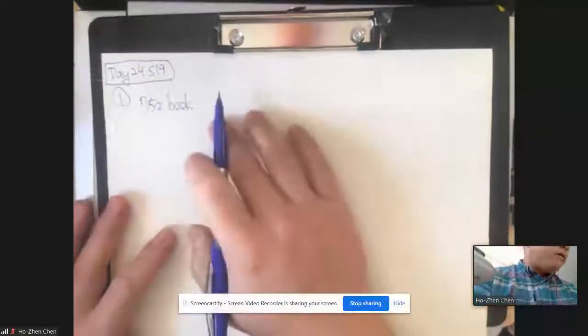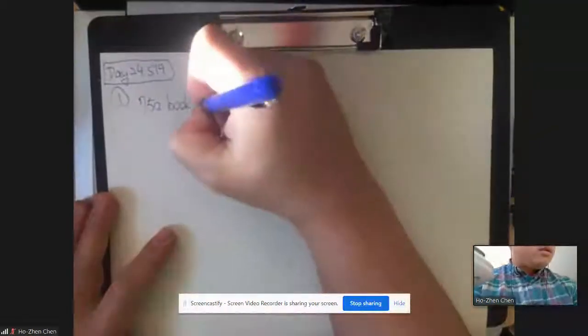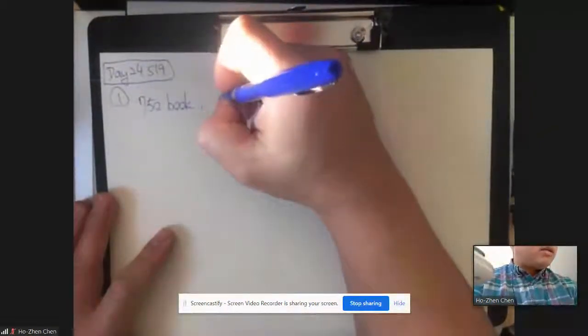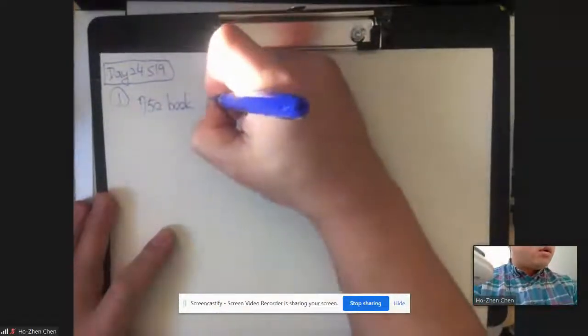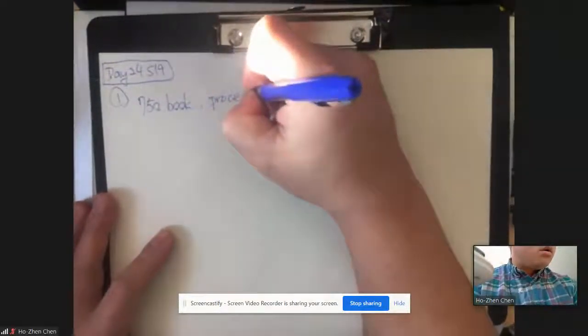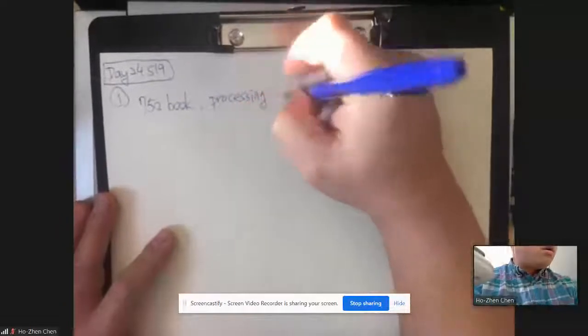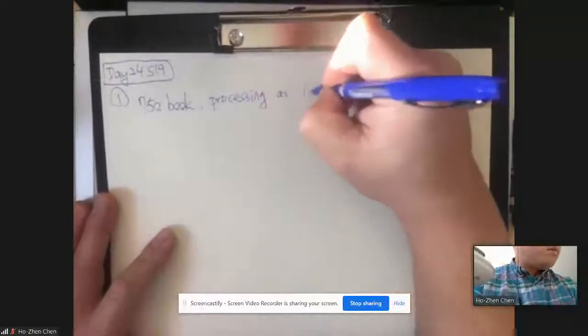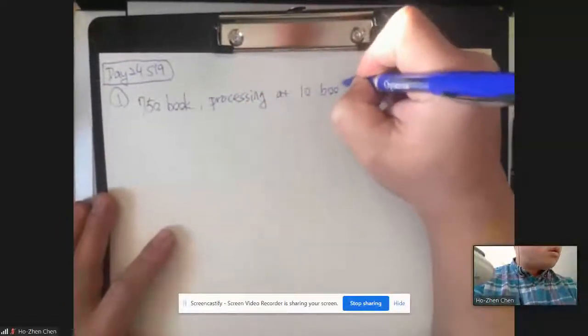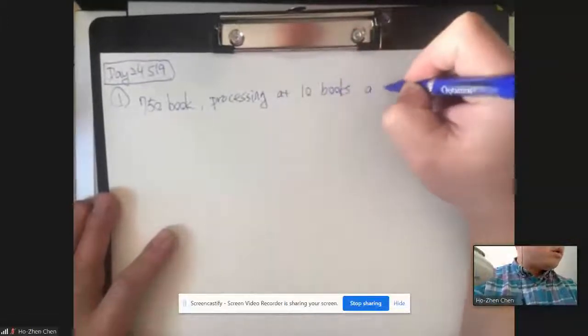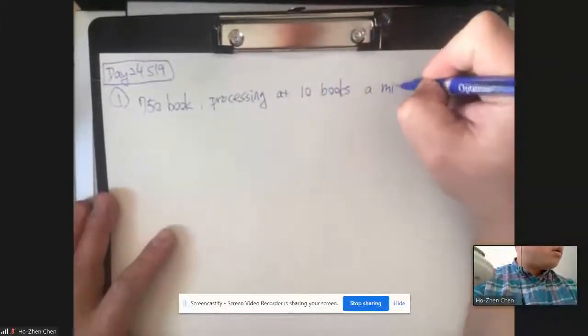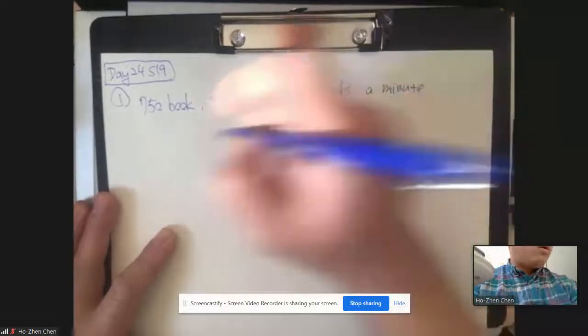So Claire can process 750 books, processing at 10 books a minute. How long will it take?